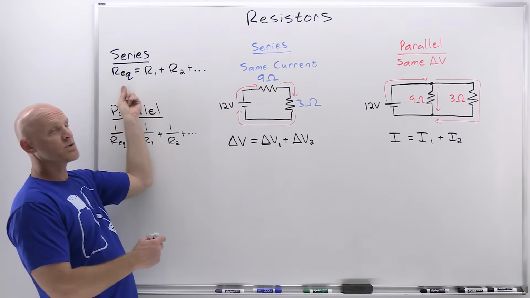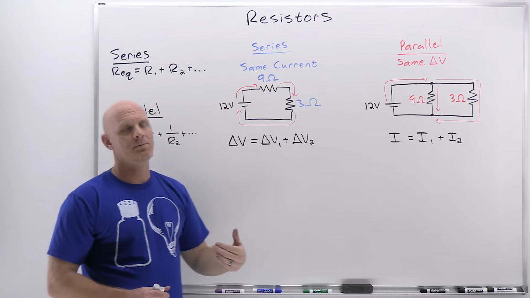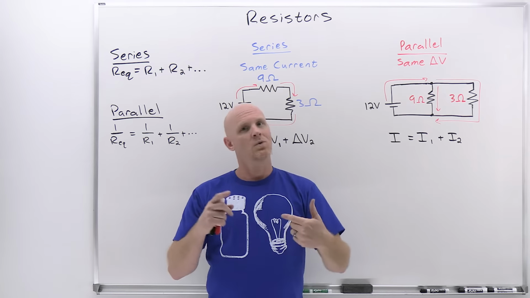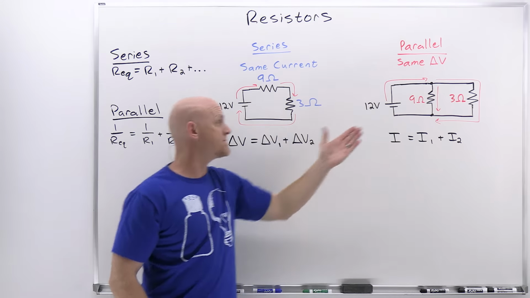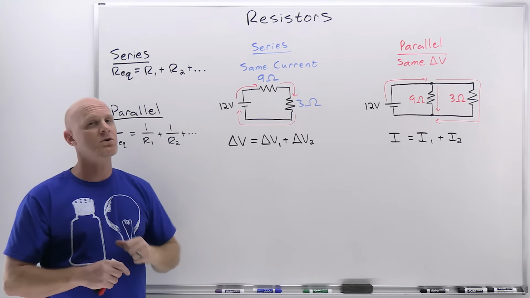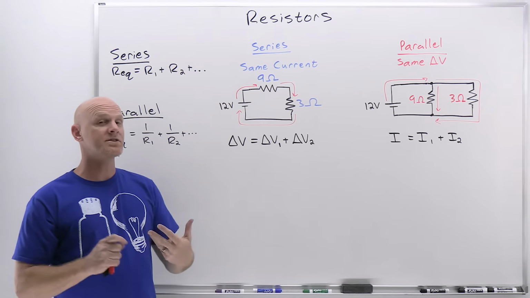When they're in series, to get the equivalent resistance, you can just straight up add them together. Now, for capacitors, it's when they were in series that you had to add them as reciprocals. Well, now that's going to be true of resistors in parallel. When resistors are in parallel, that's when they're going to add as reciprocals. And so the process of finding that equivalent resistance is what's flip-flopped here when compared to finding the equivalent capacitance.